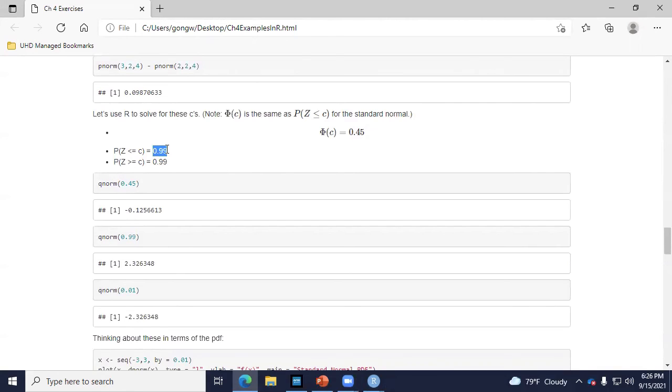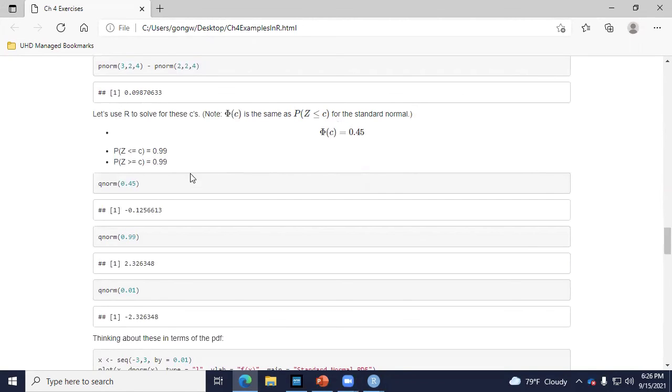We know the percentile, and we're trying to find the corresponding quantile value C. We have these three things to work on. This is the first one, but it got centered. For this one, we know the probability, and we are trying to find the corresponding quantile.